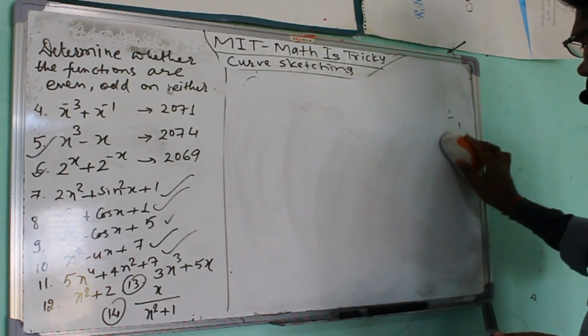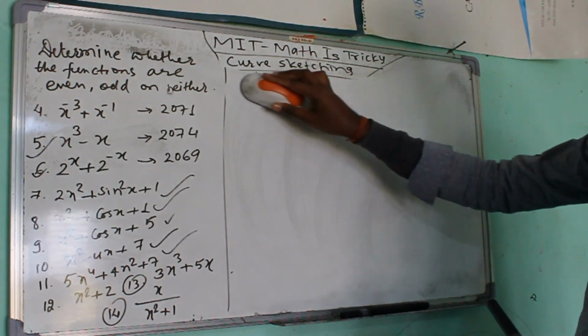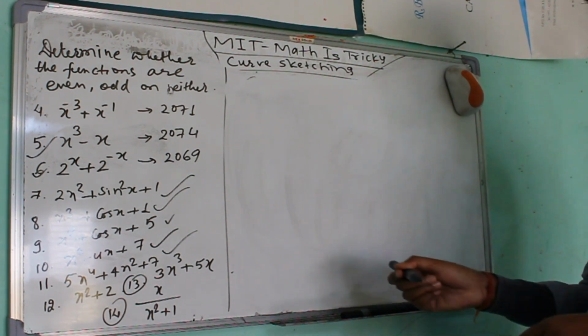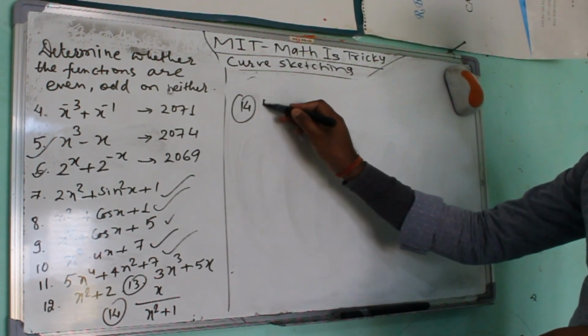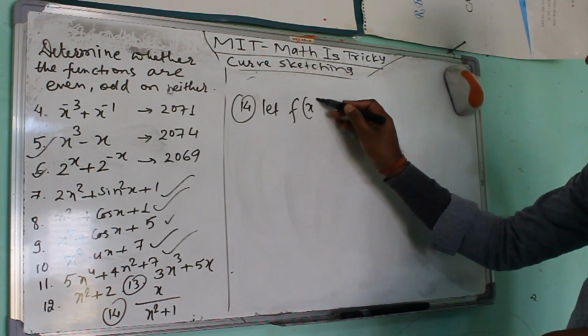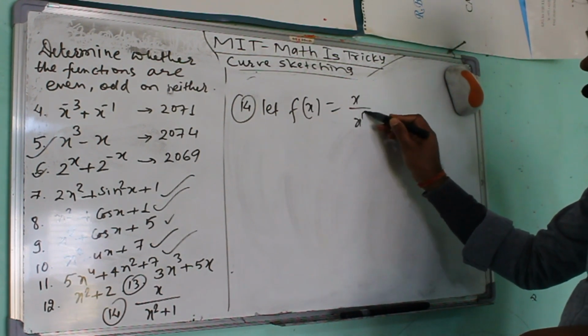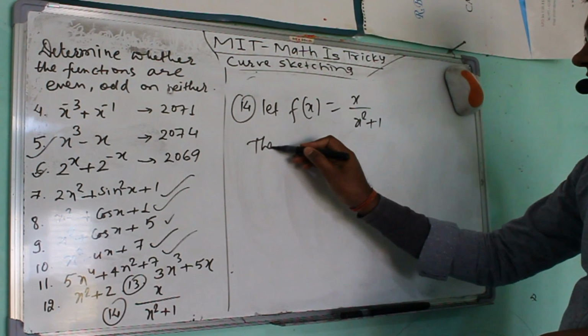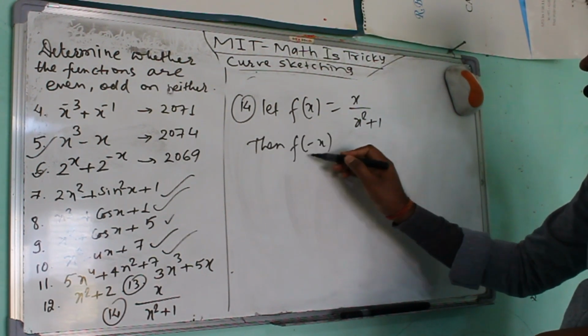And the last one, question number 14. For some questions we can tell by looking whether it is even or odd. Question number 14: let f(x) equals x by (x squared plus 1). Then find f(-x).